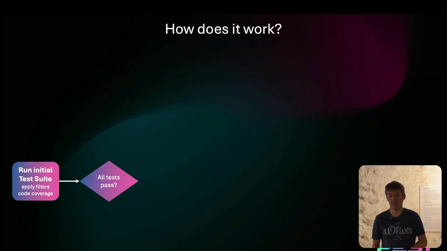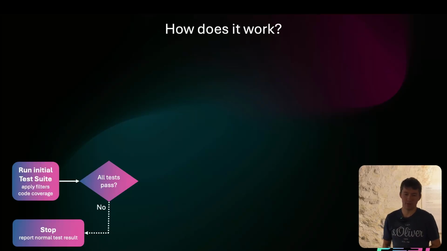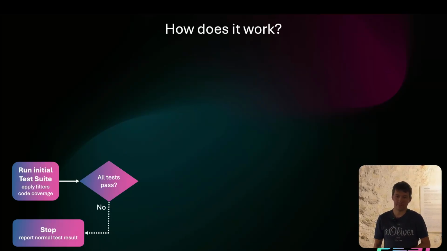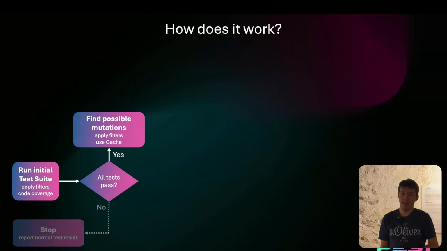Then it first checks if all tests have passed, and if not, it immediately stops and returns the normal test output, because it cannot work without a passing test suite. Then it goes through your application code, tries to find possible mutations in the code, applies filters there as well for performance reasons, and does some caching for performance reasons as well.